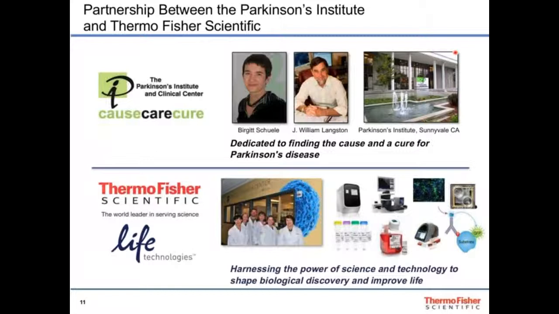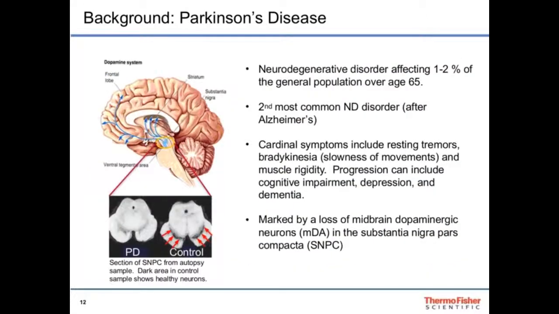We were in a collaboration with the Parkinson's Institute in the U.S. and our stem cell group. The Parkinson's Institute provided us with skin biopsies from certain Parkinson's patients, and we took the rest of the workflow to create these disease models, and then the Parkinson's Institute would go do biochemistry and some screening. A brief background on Parkinson's disease: it's a neurodegenerative disorder, generally a late onset disease affecting the elderly.